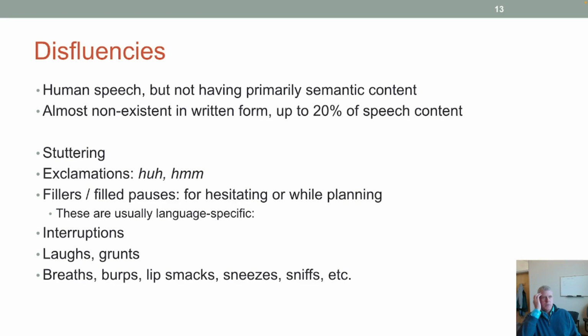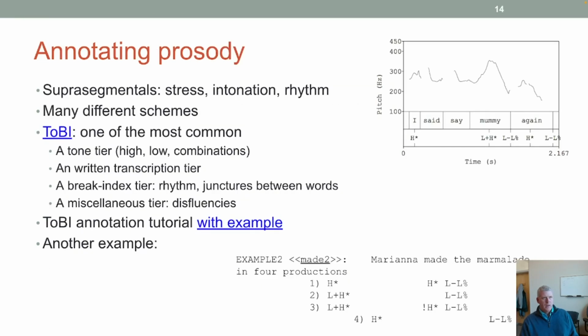But in speech, when you're analyzing speech, these are very much an important part of the way you approach the analysis of speech. Filled pauses, right? So annotating prosody, that is up and down, rising and falling intonation and pitches and rhythm and stress, right?